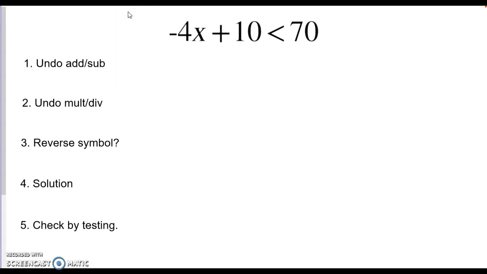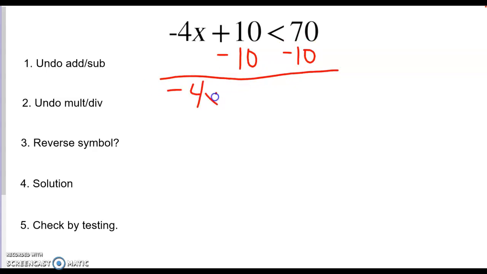Okay? This one says negative 4 times x plus 10 is less than 70. We want to find all the values of x that make that a true statement. So just like with equations, we're going to first undo this addition by subtracting 10 from both sides. All right, and that's going to leave us with negative 4x is less than 60. Okay? Now we're going to undo this multiplication by dividing.